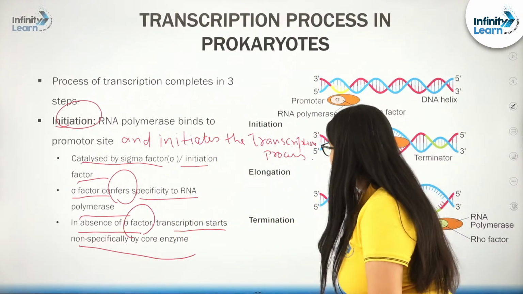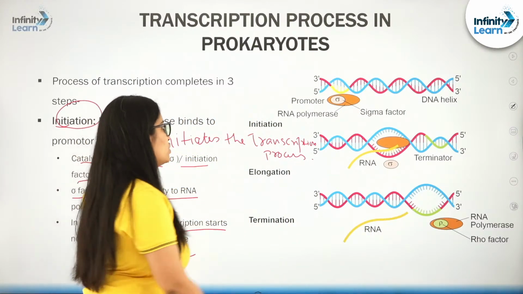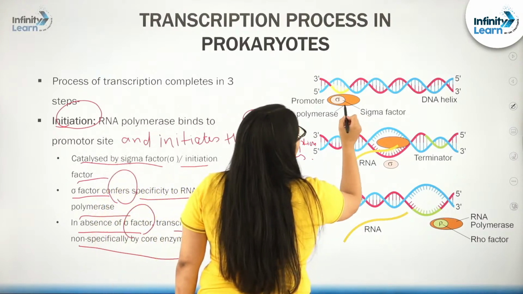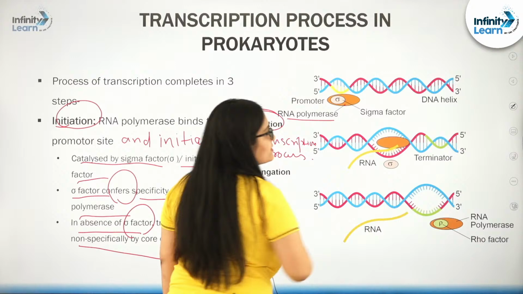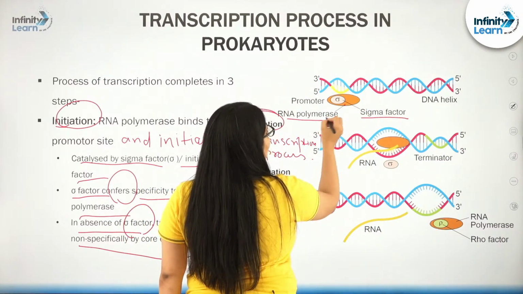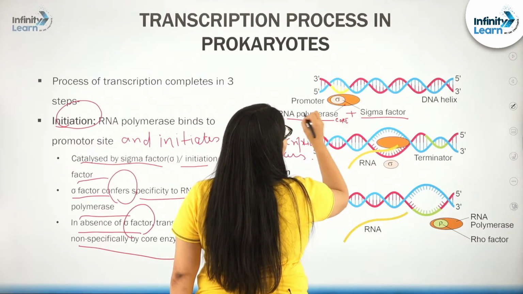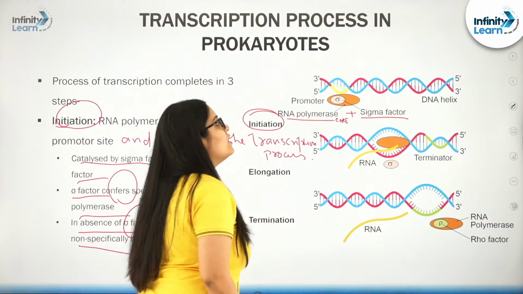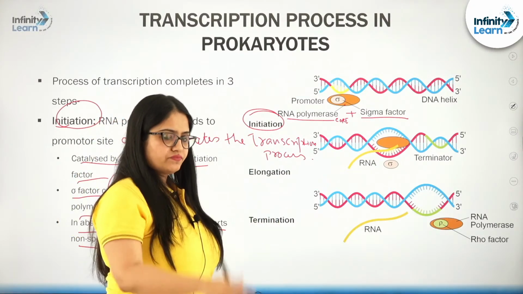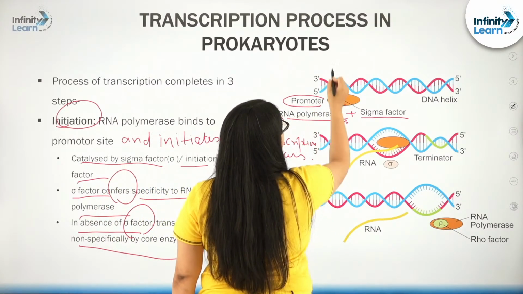Please note this point. Here you can see initiation, elongation and termination. We actually discussed this step. This orange portion is the RNA polymerase core enzyme, and this is the sigma factor. The association of RNA polymerase core plus sigma factor helps in catalyzing the initiation of the transcription process. And this is the promoter region.